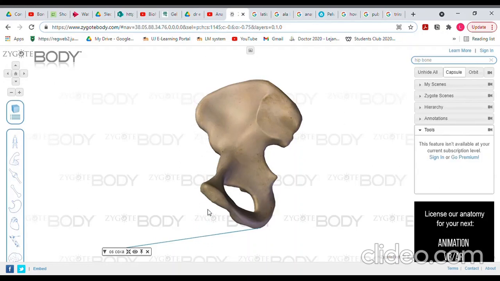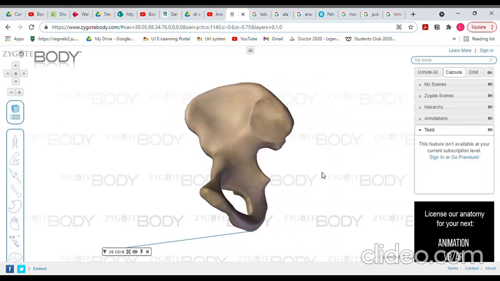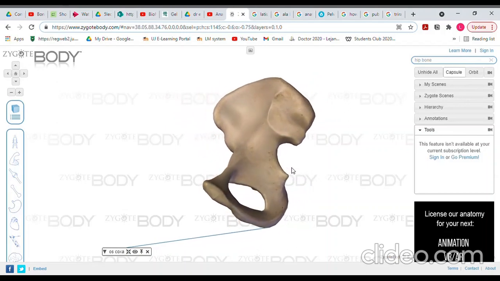Okay. The anatomical position will not be like this or like this; these two points have to be as close to each other as possible.